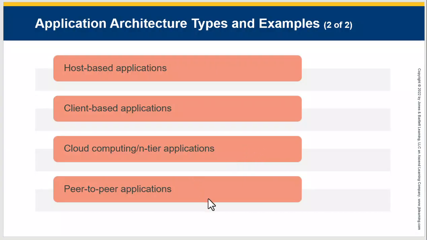Peer-to-peer communications are typically done for file sharing purposes. Like if I've got a bootleg movie that I want to share, well, I can't very well put it out on a server because I'm going to get all kinds of copyright violations, and that's not going to work out too well.